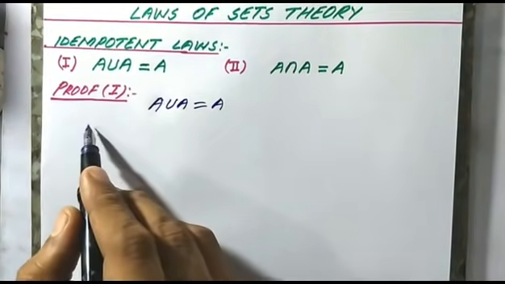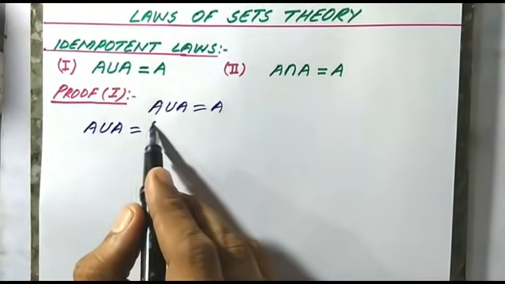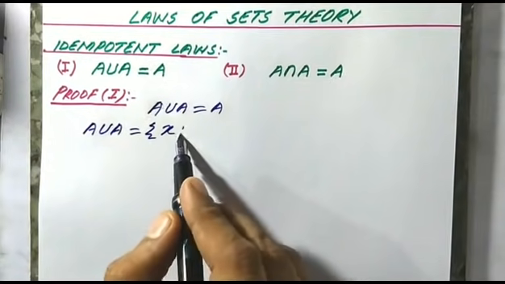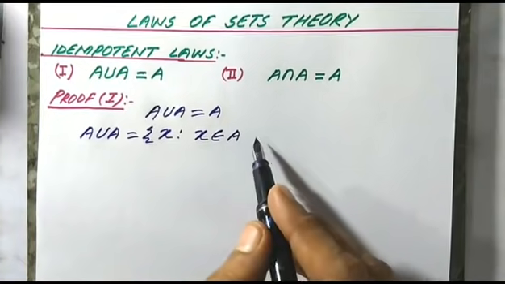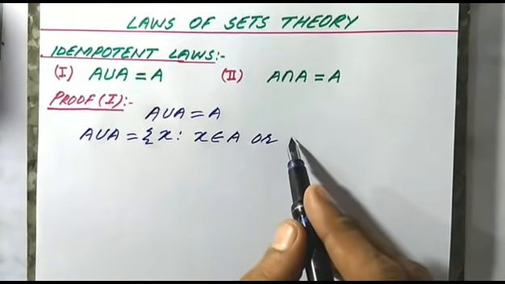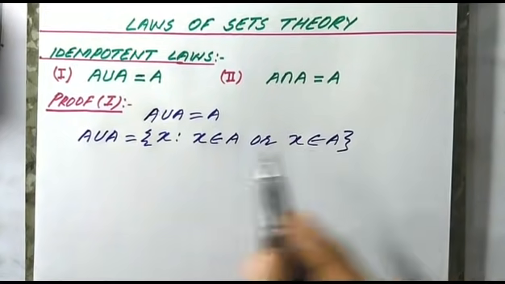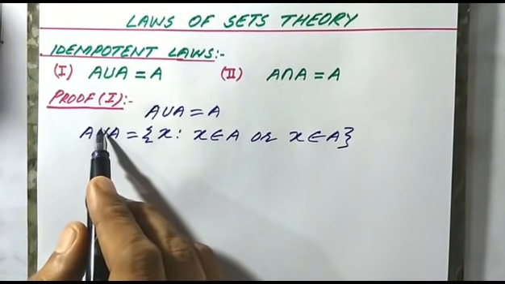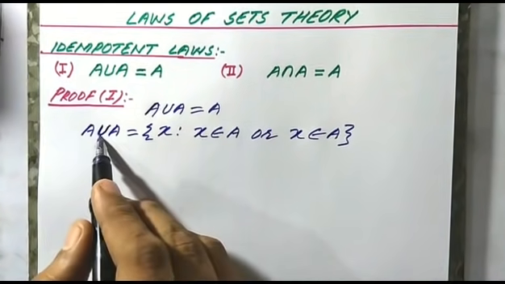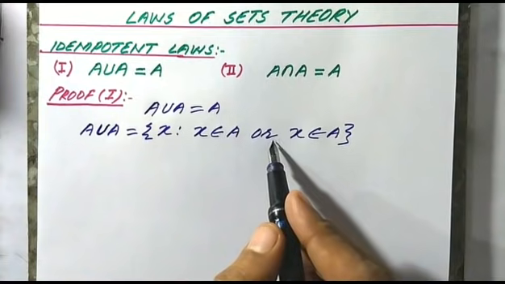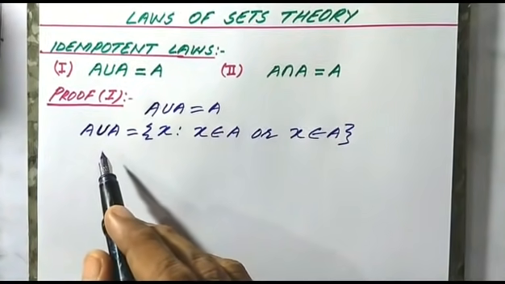So by definition, A union A is a set of X such that X belongs to A or X belongs to A. Basically, wherever you see union of sets, we use the word or, and for intersection we use the word and.